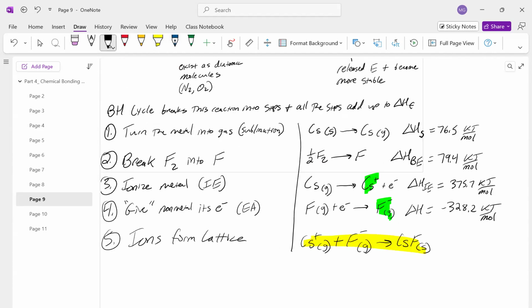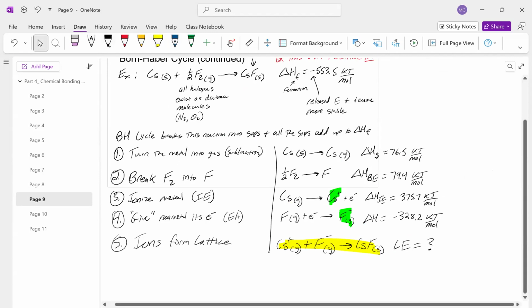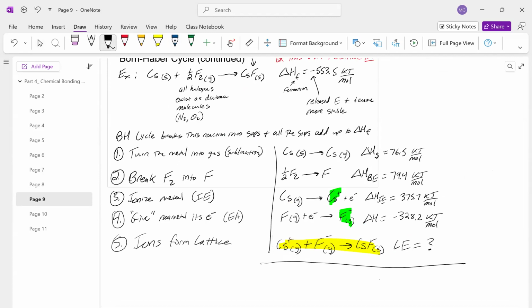The thing is, we don't know what that is. The lattice energy, we don't know. But according to the Born-Haber cycle, all of this should add up to negative 553.5 kilojoules per mole. Where did I get that from? I got that here. So all of it should add up to this delta HF.